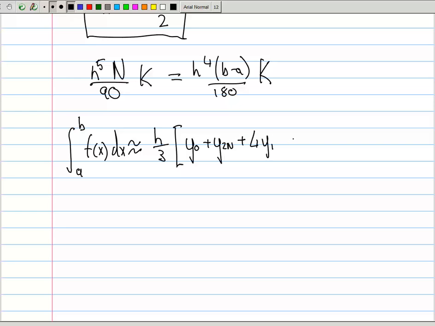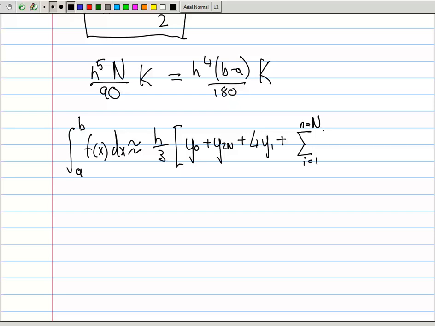4y1, plus, I'm going to use some sigma notation here, just because it makes life easier. I'm going to go sigma from i equals 1 through to, I'm going to use a little n equals capital N. Our capital N we know is half the number of final terms.